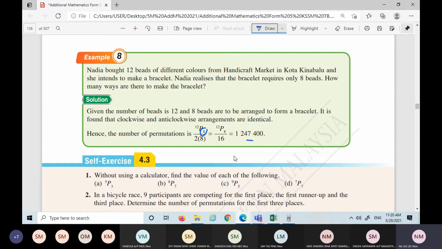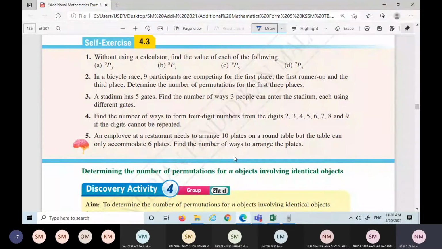So any questions before I continue? I've got some more formulas, so many formulas. You know, last time the old syllabus had only one formula, n factorial, finish. No more. Didn't have arrange in circle, and after that, our syllabus is so complicated. Didn't have the arrange in circle.